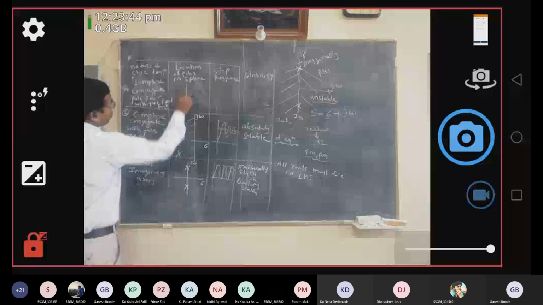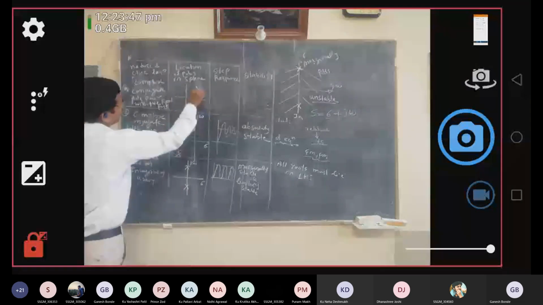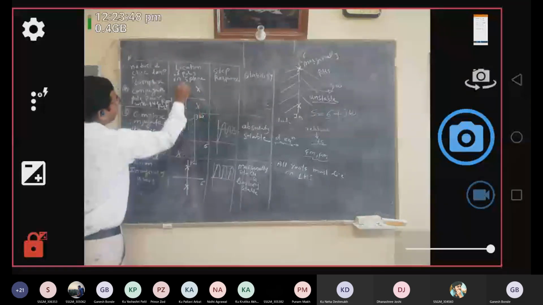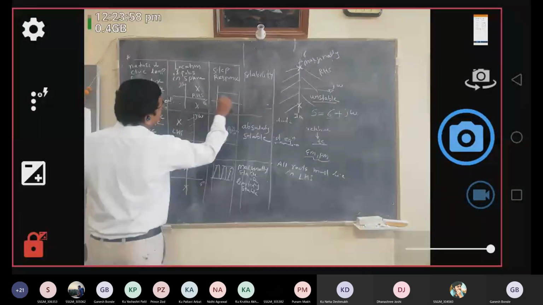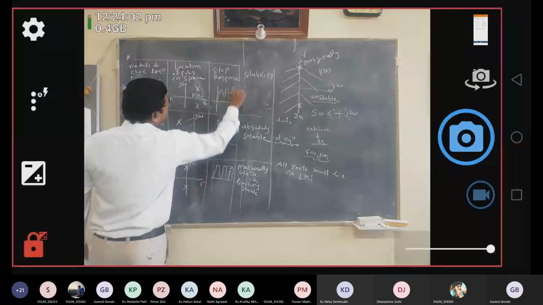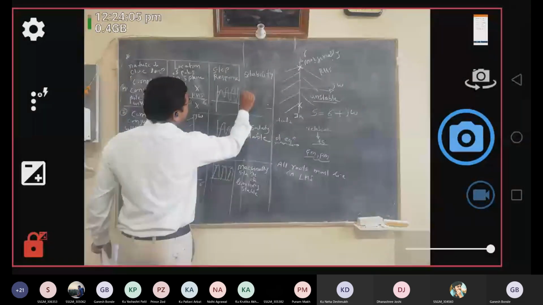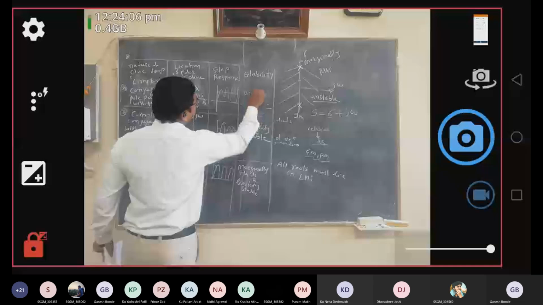Then where is the location of such poles? The location of the poles is in the right hand side of the S plane. Here is RHS. So how is the step response? The step response in this case has increasing oscillations with respect to time. Therefore, your system becomes unstable.